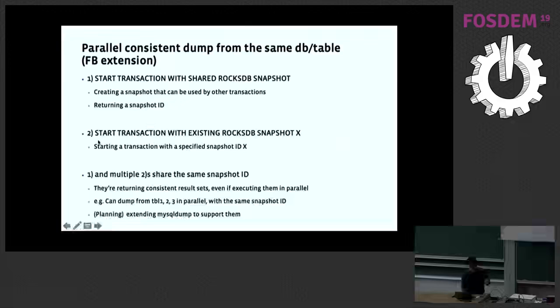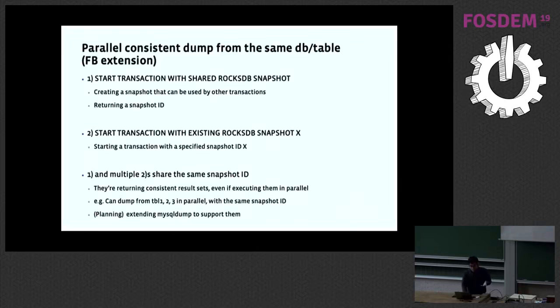We added another syntax called START TRANSACTION WITH EXISTING ROCKSDB SNAPSHOT with a snapshot ID. This syntax starts a transaction with a specified sequence number, the snapshot ID. So when executing the first and the second in different sessions, these two transactions use the same snapshot, which means all select results are consistent between the two sessions.